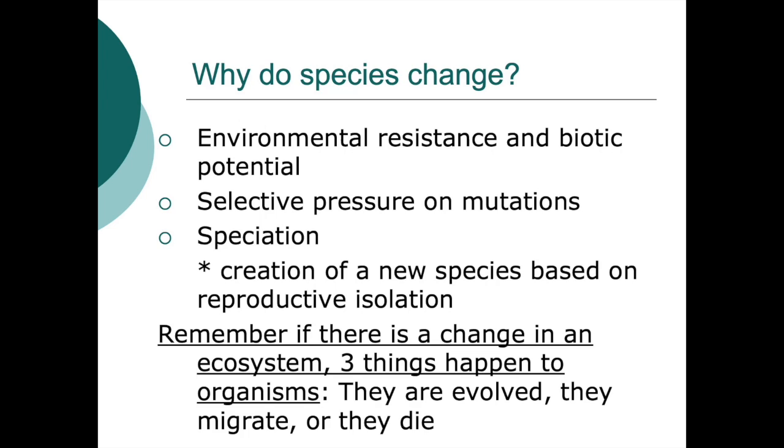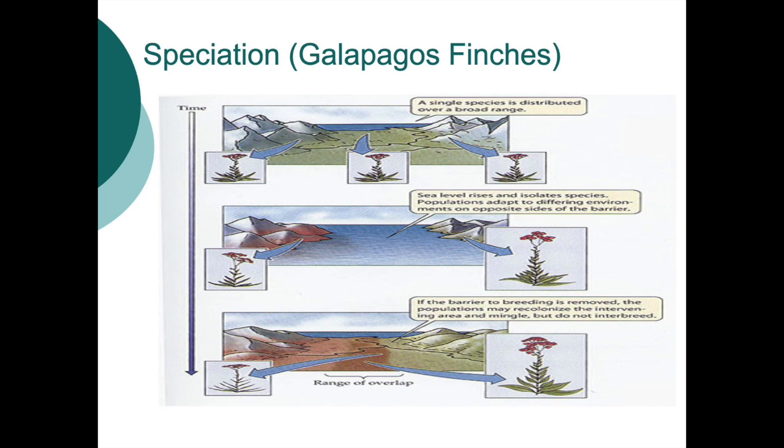Why do species change? Again, it's all going to be based on those abiotic factors. You have a selective pressure, meaning that if I have a particular adaptation that makes me more competitive, makes me able to survive better, that is going to give me a competitive edge, and I'm going to be able to reproduce, and those traits are then passed down. Eventually, over long periods of time, the changes become big enough that we have what's called speciation, or the creation of two different species.